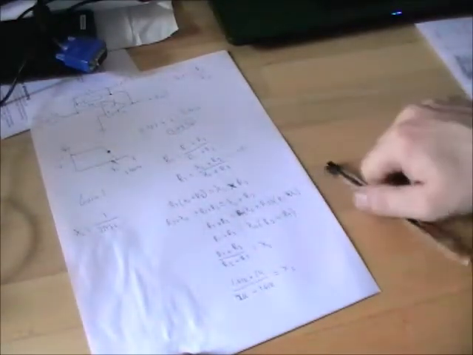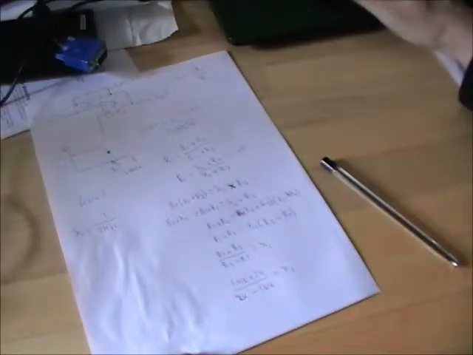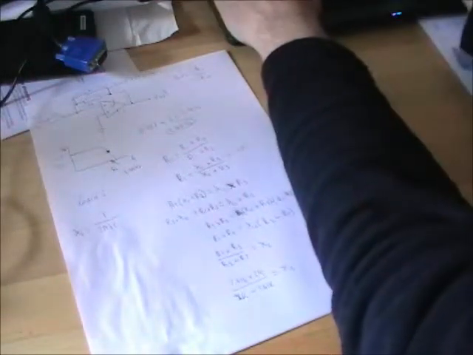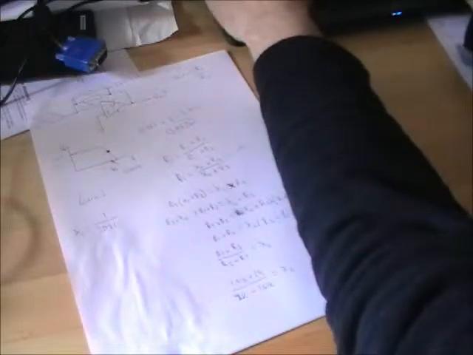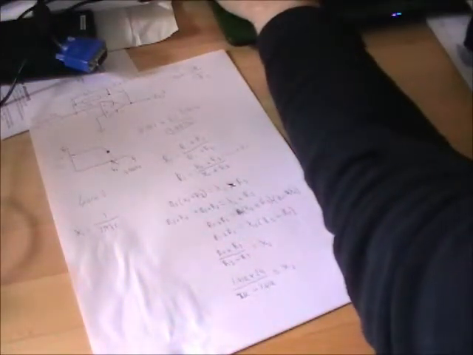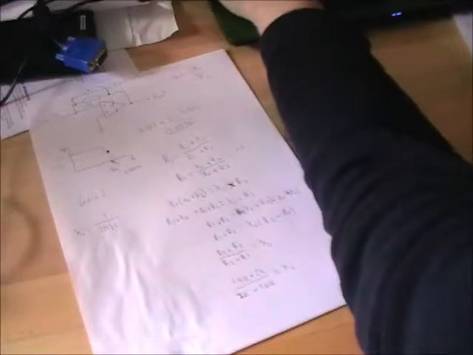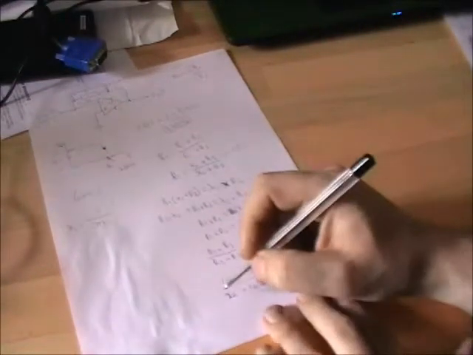Okay, so let's do the calculation. I have to use my calculator for a moment here on the laptop. So the first expression is 1.41 times 2. So that should be fairly easy. It's 2.82.